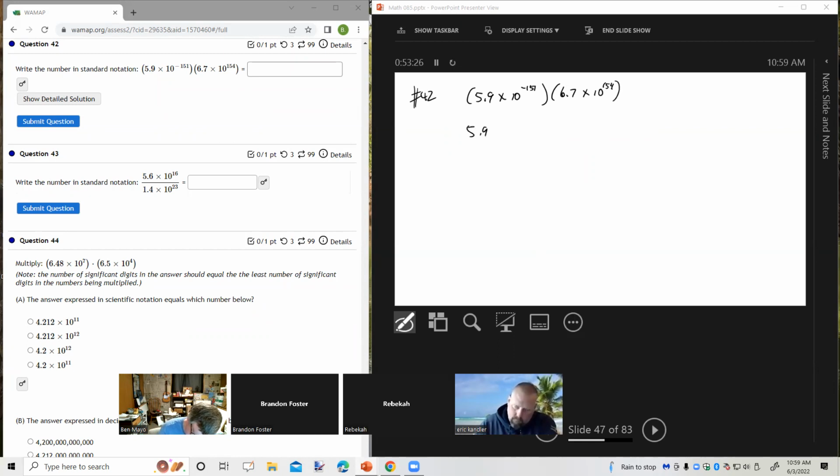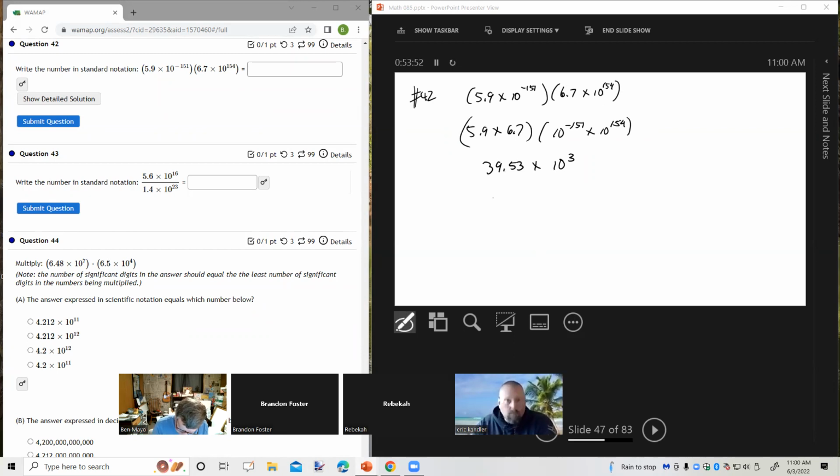So I've got 5.9 times 6.7 times 10 to the negative 151 times 10 to the positive 154. 5.9 times 6.7 is 39.53 times 10 to the negative 151 plus 154 would be positive 3 power.